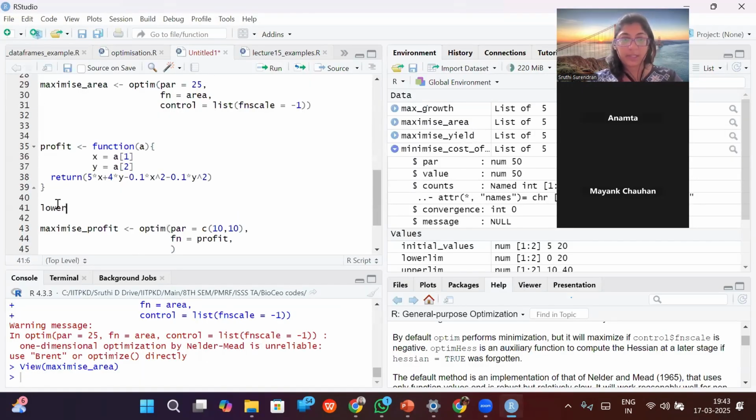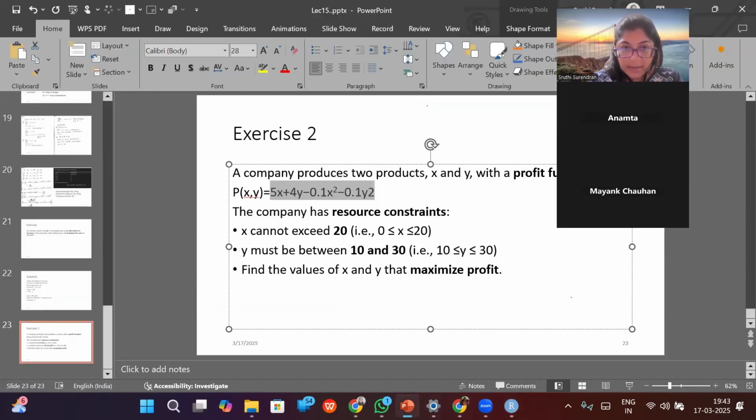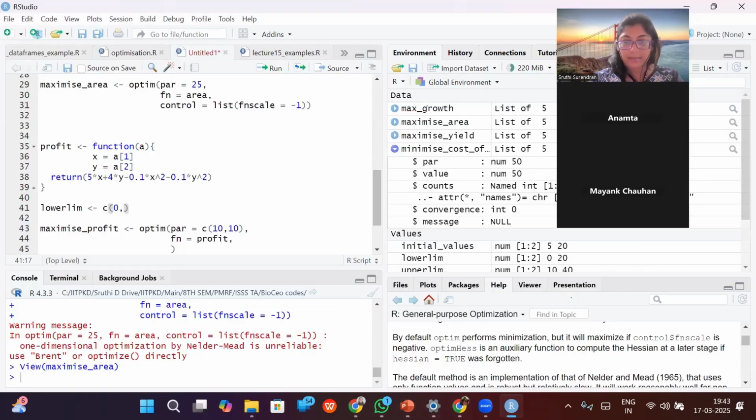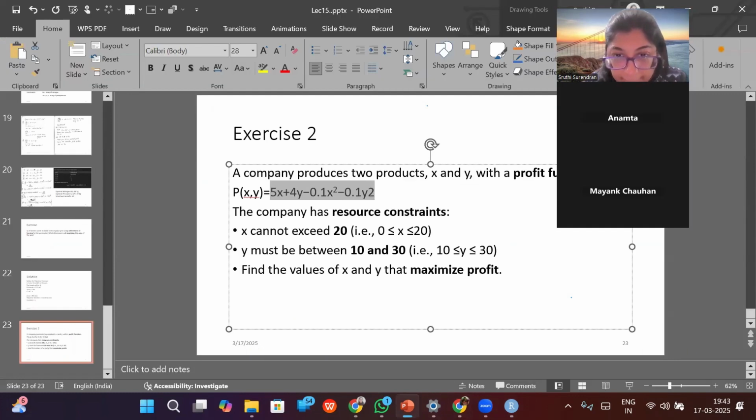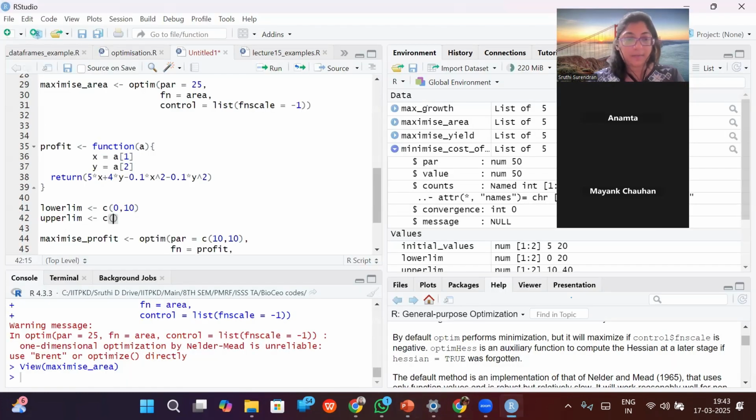The lower limit is equal to c(0, 10), x is 0 and y is 10, and the upper limit is c(20, 30), 20 for x and 30 for y.